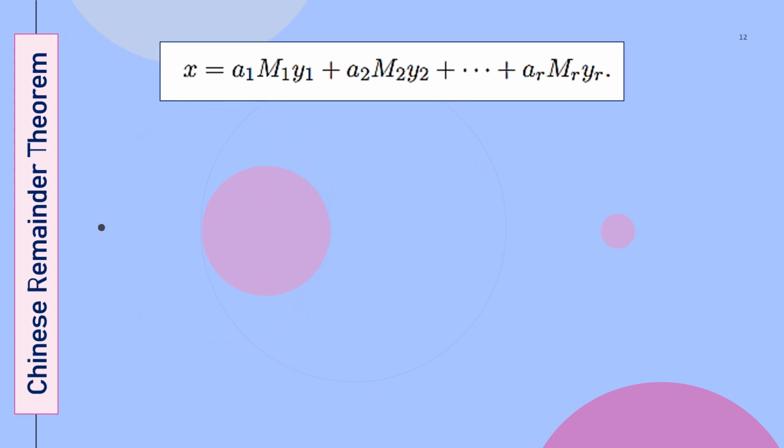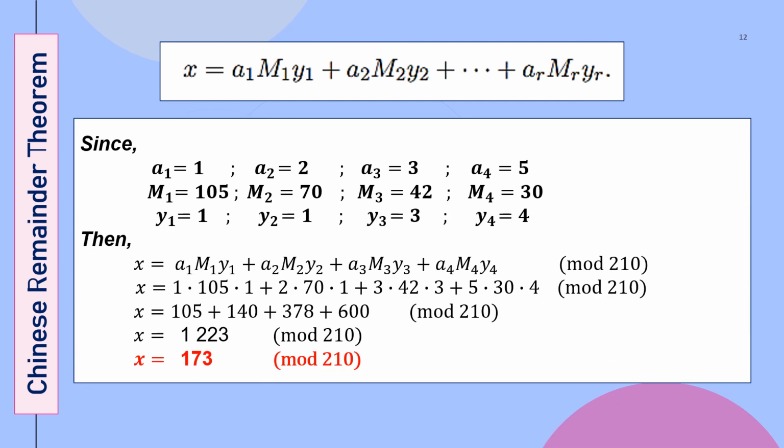To get the value of x, we have to add the product of a sub 1, m sub 1, y sub 1, plus a sub 2, m sub 2, y sub 2, until a sub r, m sub r, y sub r. Since we already have these values from solving in the previous slides, we will now substitute them.